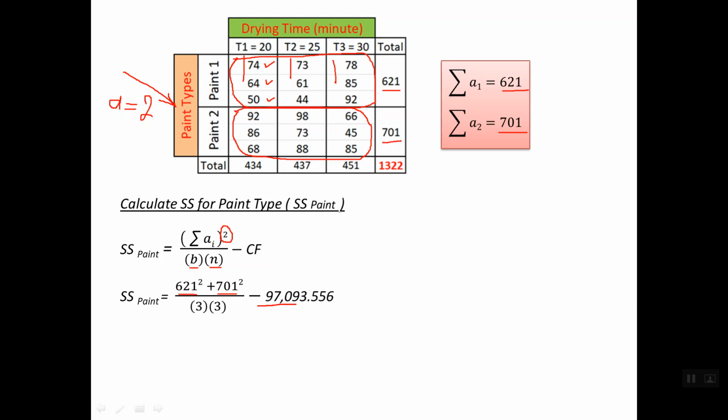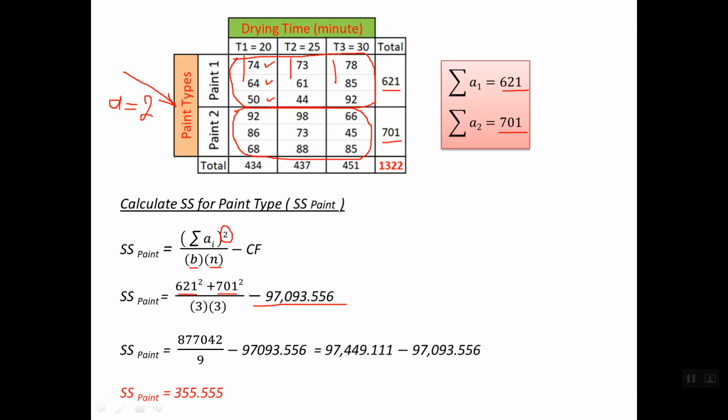And we should subtract the value of the correction factor, which has been calculated earlier. If you proceed, you will get this value for the SS for the first factor, which is the paint. It is 355.555.